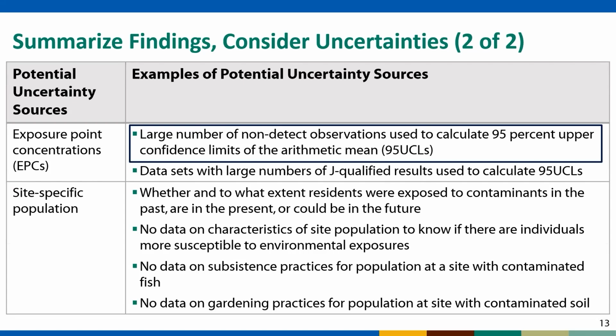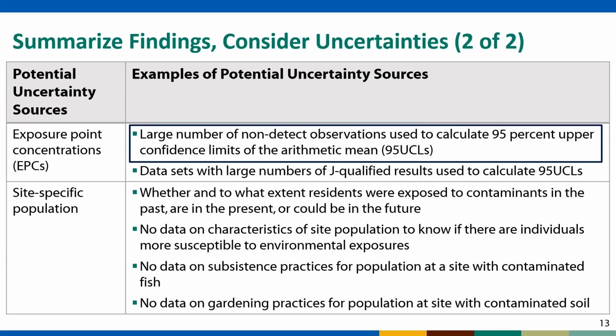Finally, for sources of uncertainty about populations near the site, you should try to find out as much as you can about the characteristics and activities of the population surrounding a site. These include what time frame were residents exposed, past, present, or future? Are sensitive or susceptible groups present?